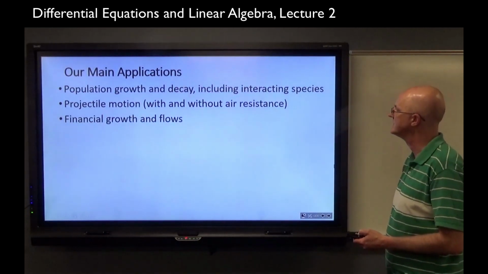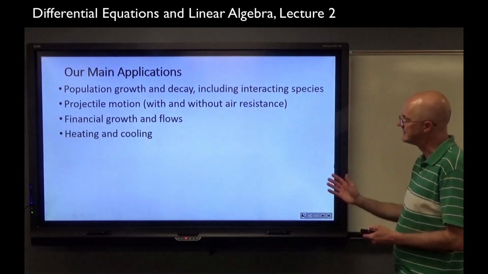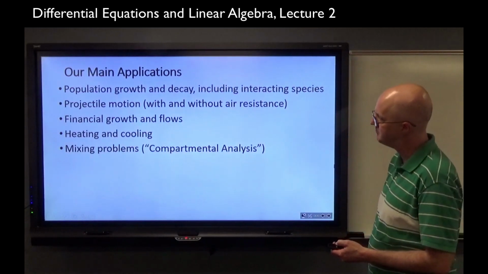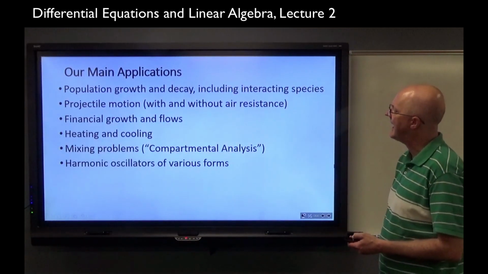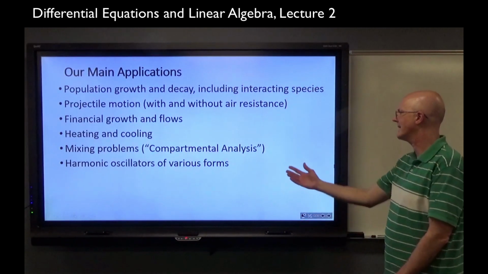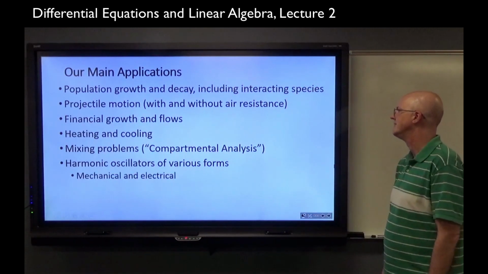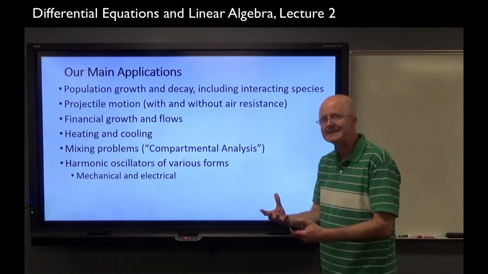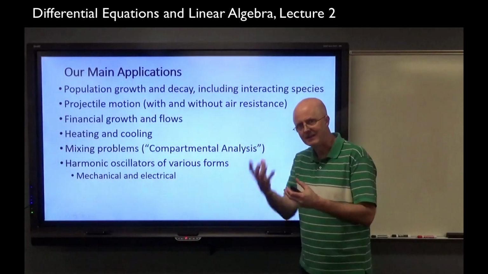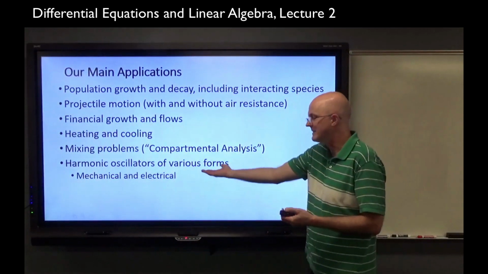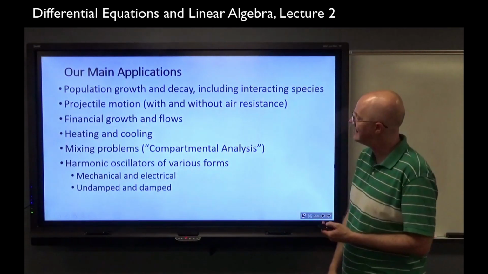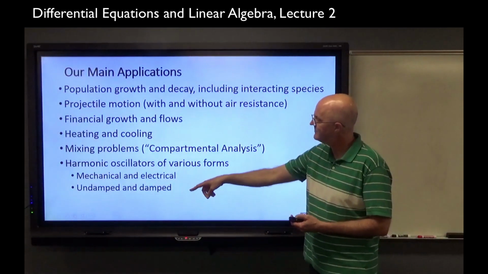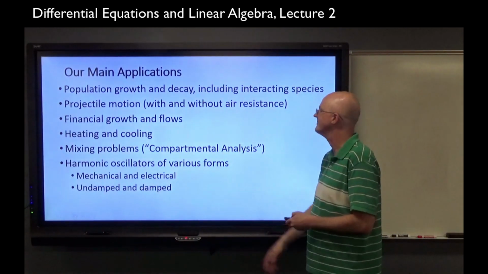Financial growth and flows, heating and cooling in the simplest kind of examples, mixing problems, where we're mixing salt water, say, and perhaps most importantly, harmonic oscillators of various forms, mechanical and electrical. Mechanical means physical oscillators like masses on springs. Electrical is, well, it's electricity, voltages, and currents. Undamped and damped. Again, undamped means no friction, damped means friction.